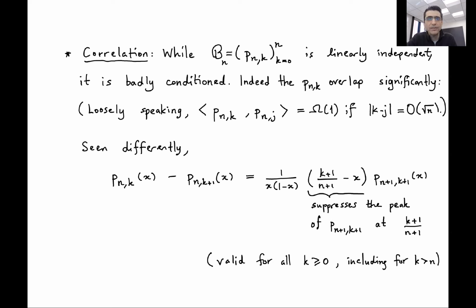You saw the picture that as you go along consecutive values of k, there's a lot of overlap. As I also said at the time, it can be shown, though the details aren't too relevant at this point, that there is an overlap of up to square root of n consecutive Bernstein basis polynomials.